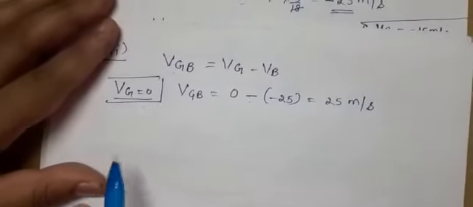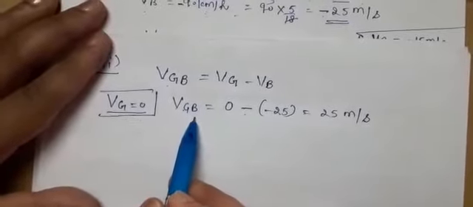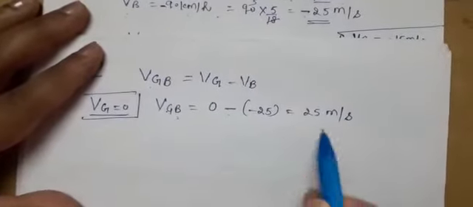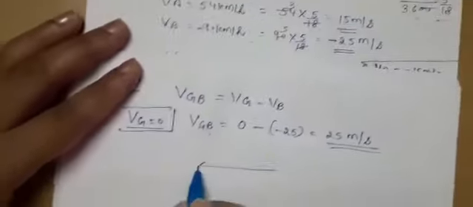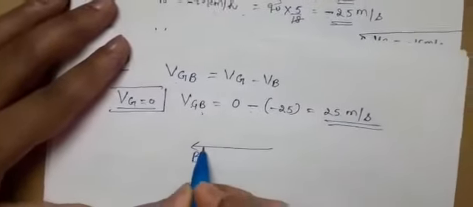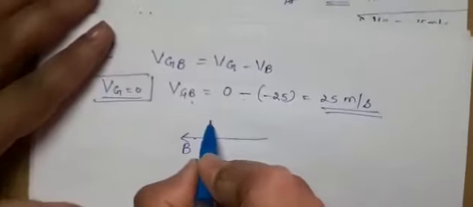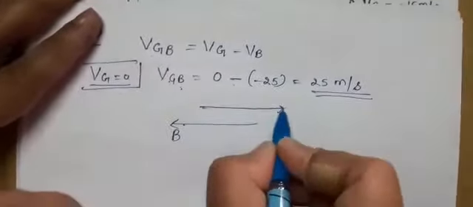That means the ground velocity with respect to a person in train B, or with respect to train B, comes out to be 25 meter per second. It means if train B is moving in this direction, for an observer in train B, Earth appears to move with the same speed of 25 meter per second but in the opposite direction.